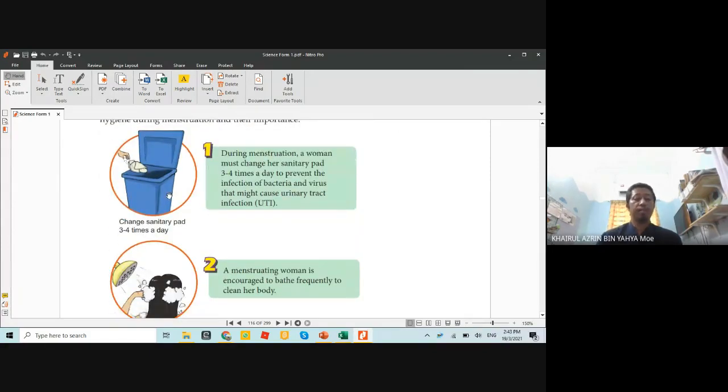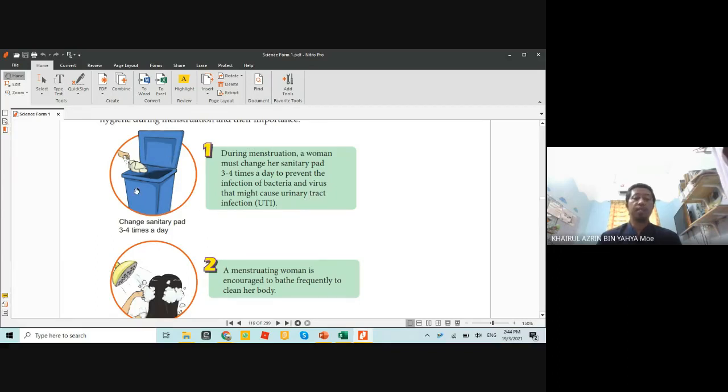Number one, during menstruation, a woman must change her sanitary pad 3 to 4 times a day, 3 ke 4 kali sehari, to prevent the infection of bacteria and virus that might cause urinary tract infection, UTI.